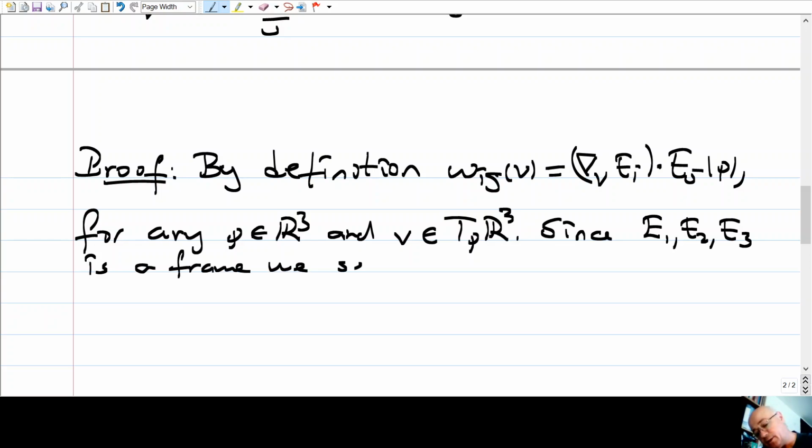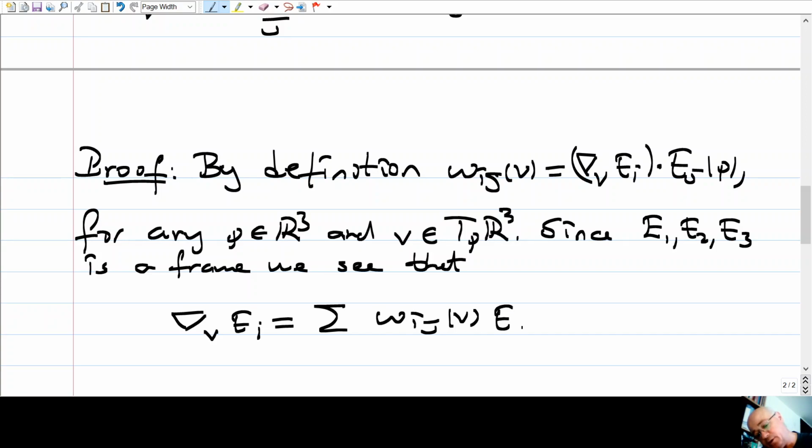We see that this gadget is equal to omega ij at V, for any vector V, and then Ej at P.